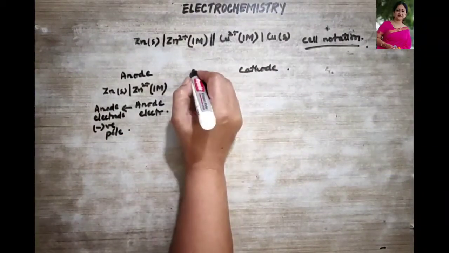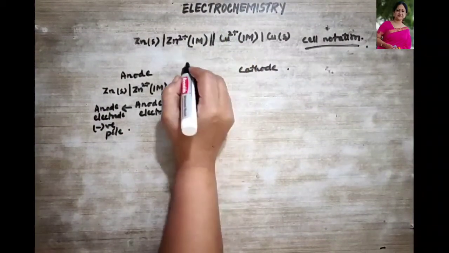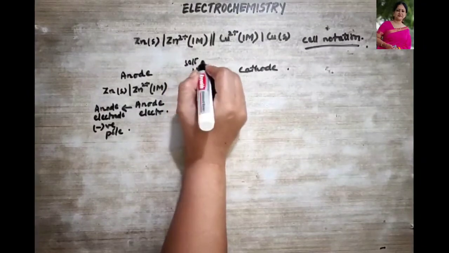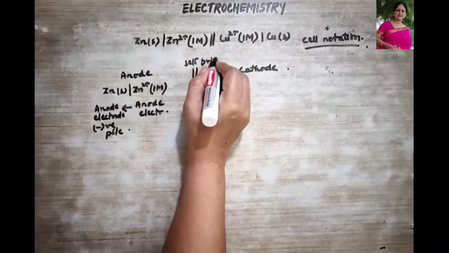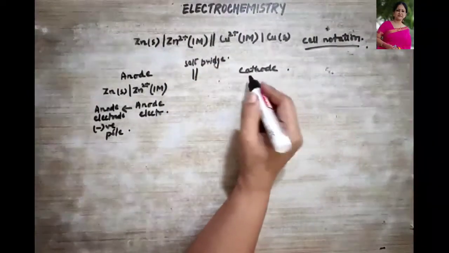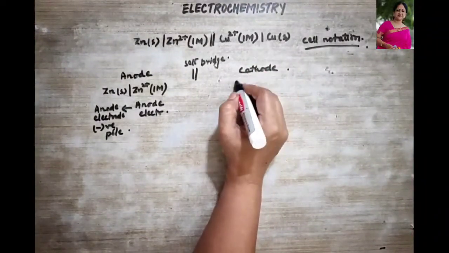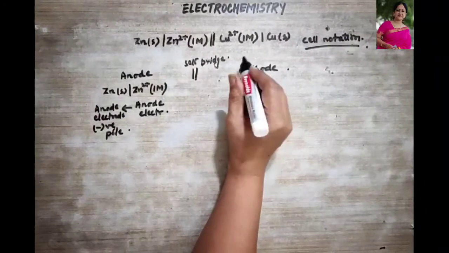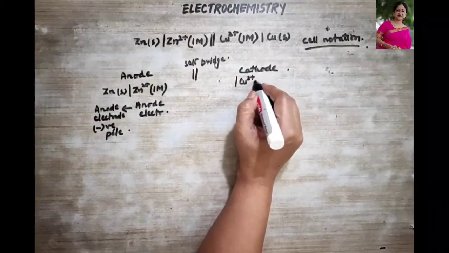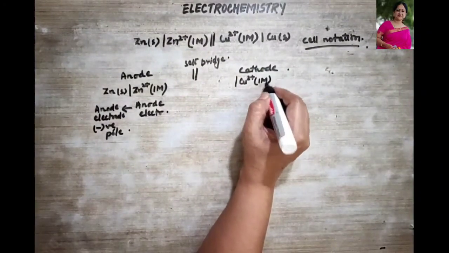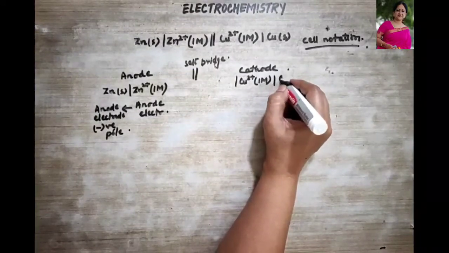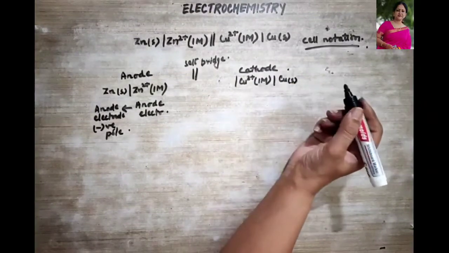So here we have the bridge. This is your salt bridge. Then we move to cathode. What do we see over here at cathode? We have copper ion with its concentration, copper which is in its solid state.